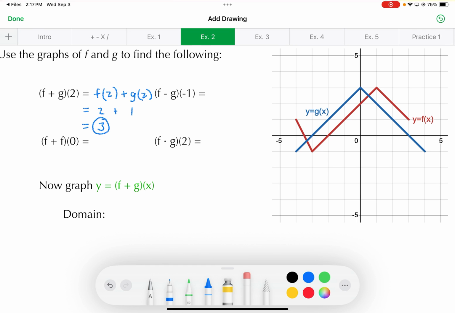Very similar approach for the next one. This is f of -1 minus g of -1. Well, f of -1 appears to be 1, minus g of -1 appears to be 2. So my result is -1.